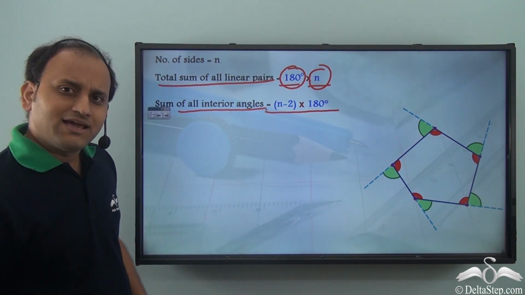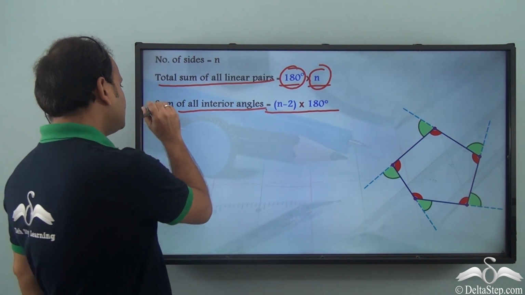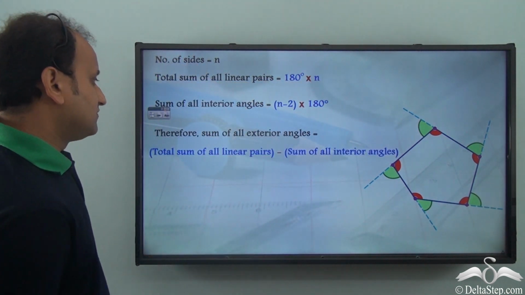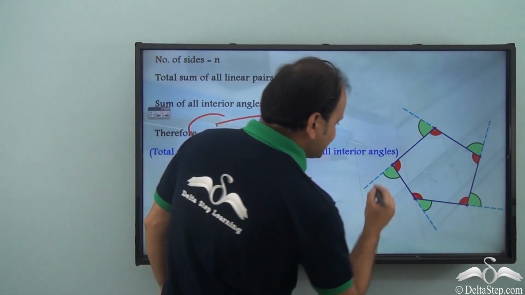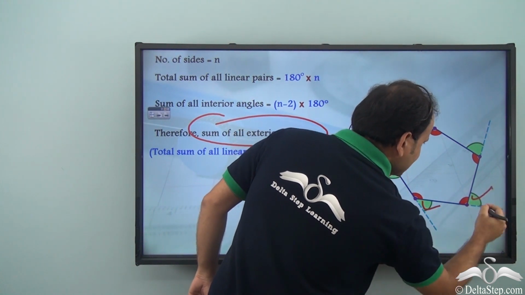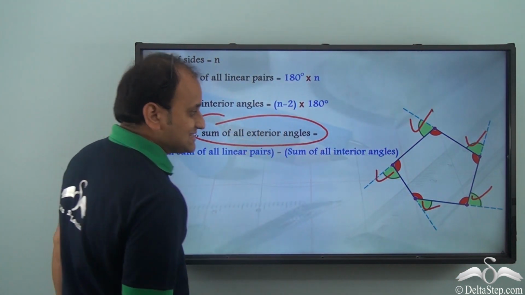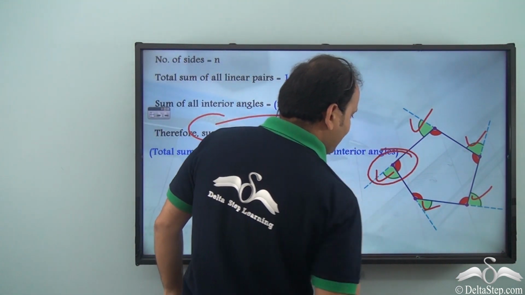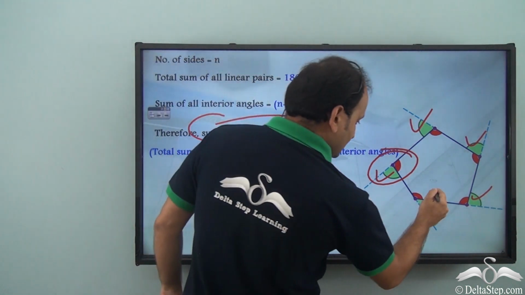Now from that, can we find the value of all the exterior angles? Let's see. Well, if we talk about the sum of all the exterior angles, we are basically talking about this angle plus this angle plus this angle plus this angle plus this angle. Now all these angles are forming linear pairs with corresponding internal angles.